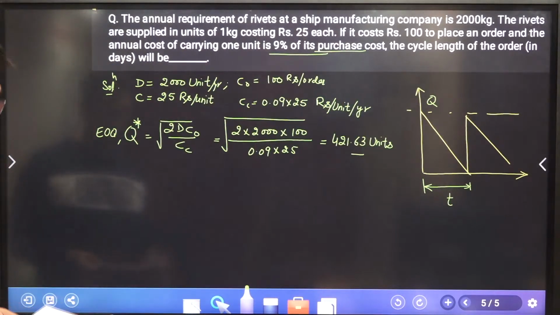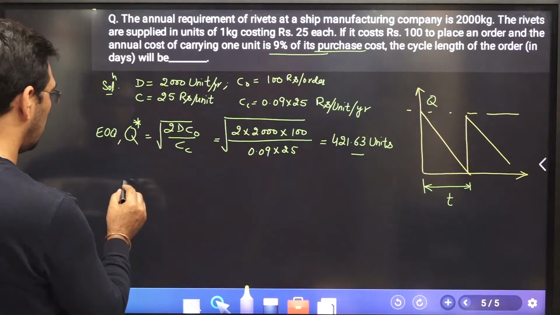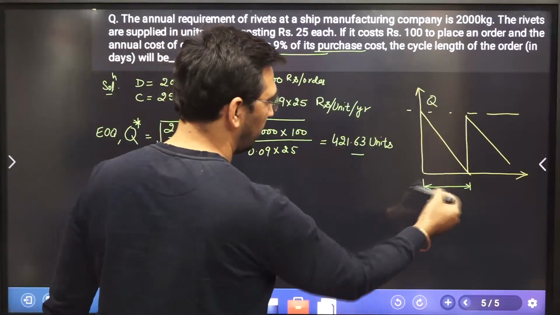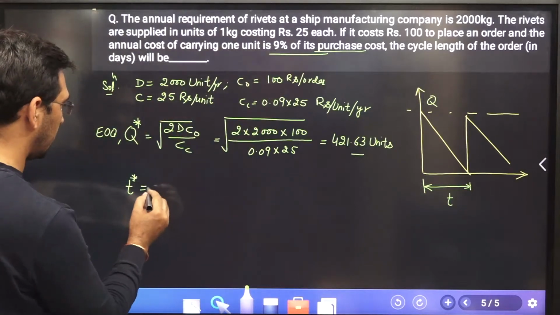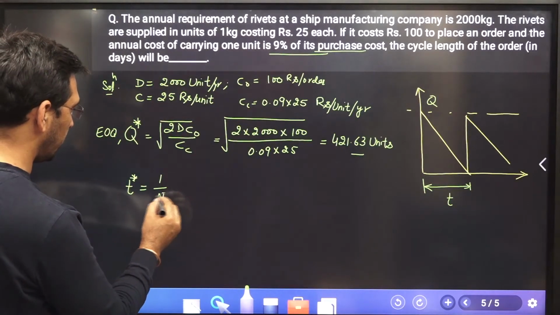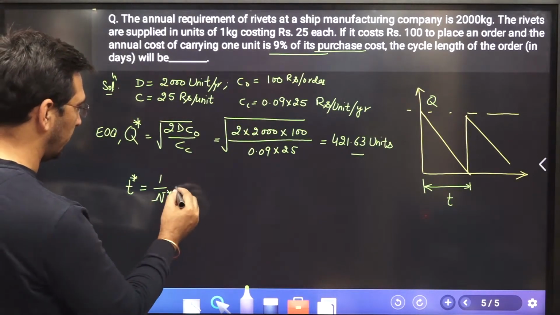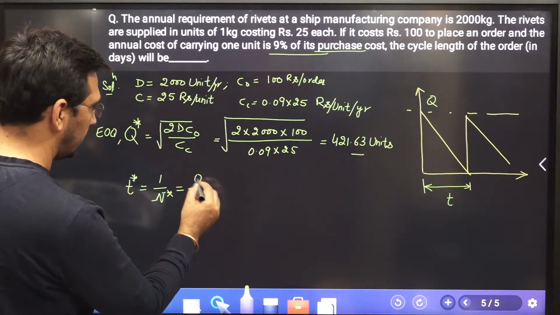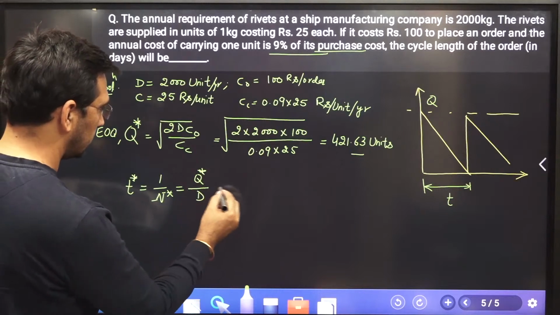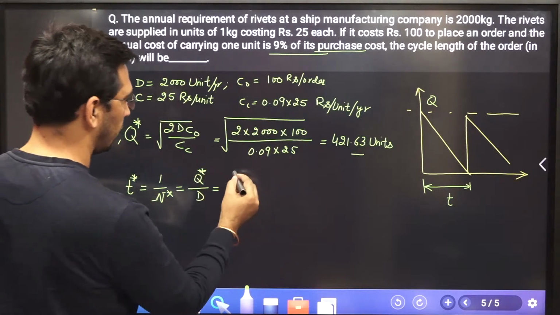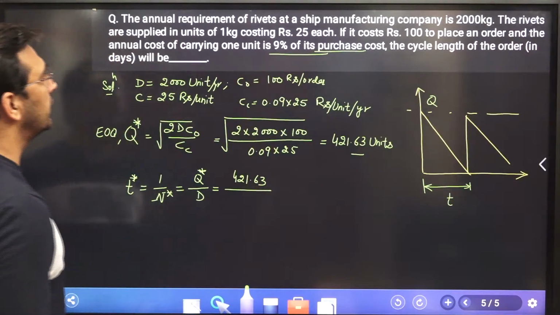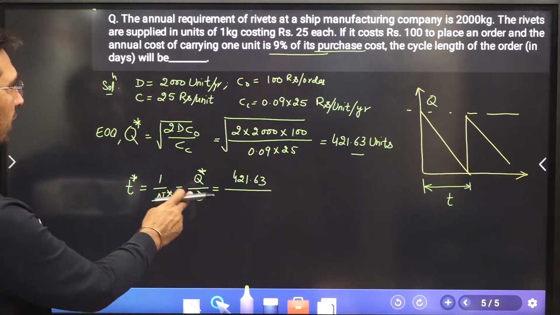That means each time you have to place an order of 421.63 units. If you are placing Q star, then this time will be T star. The optimum number of orders that you will place in that year is demand by Q star. Q star is 421.63, and he has asked you in days. So demand you have to write in days.